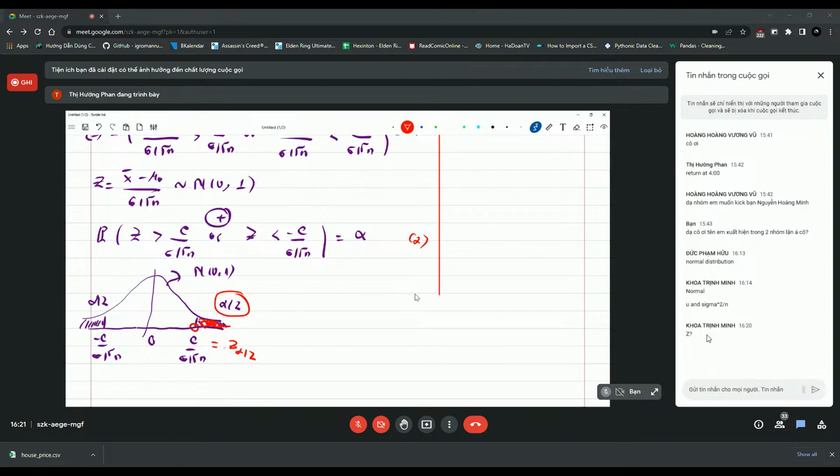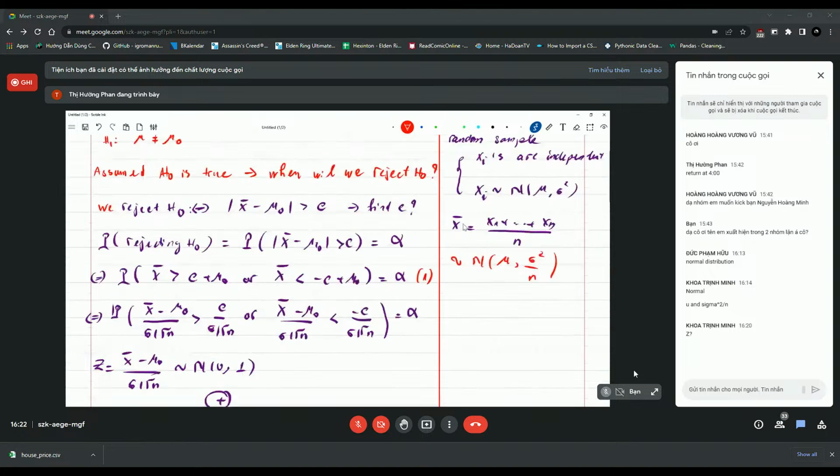Okay, hence until here, we can find c over sigma square root of n equals z alpha over 2. Sigma is already given, n is the sample size, and z alpha over 2 is looked up from the table of the standard normal distribution. Of course, you can find the constant c. So return to the beginning.